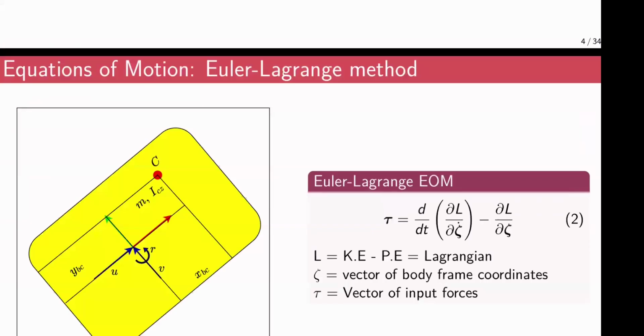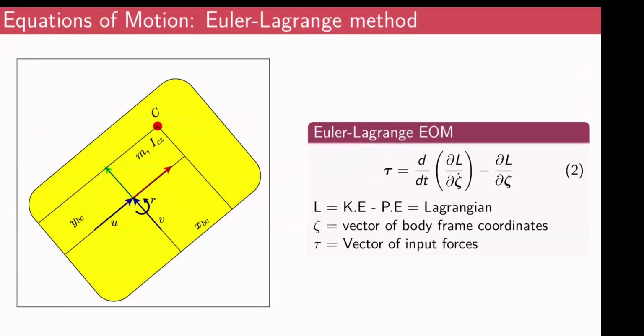And now we will go on to how we derive these equations of motion, or how to have a mathematical representation of the behavior of a mobile robot. We can do this by two principles. The first being the Euler-Lagrange method. It basically says you can derive this expression, the force expression, as a function of the trajectory coordinates using the following equation.